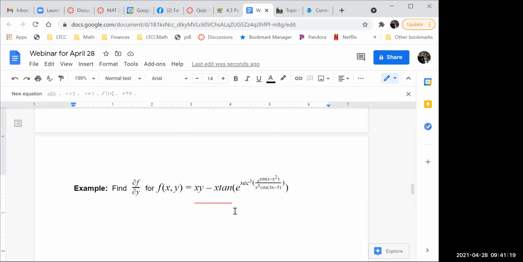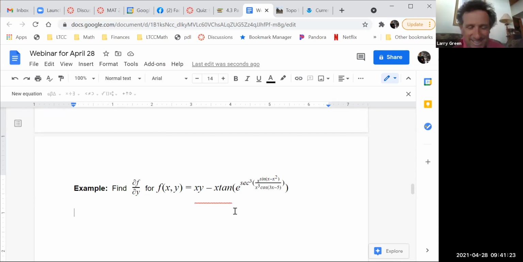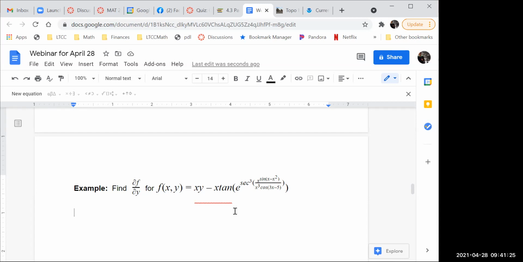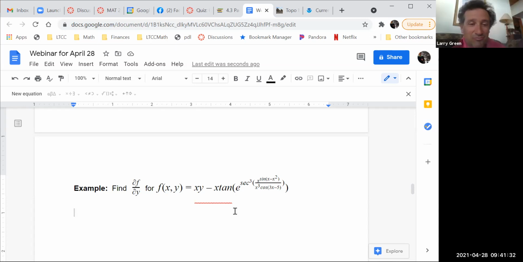That whole mess on the right there is all x's. So we just treat that like a constant and just work on the xy. And what's the answer? What if I just asked you for ay plus b and said, what is the derivative of that?